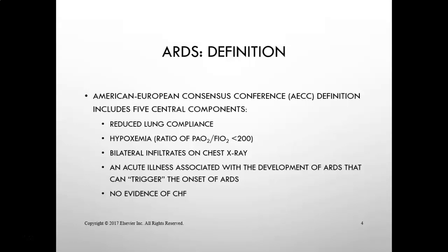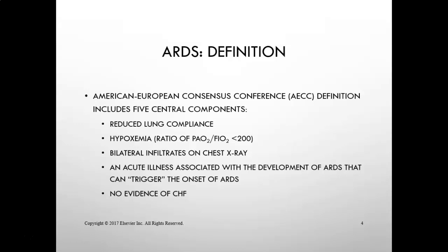And by the American European Consensus, you have ARDS, along with the bilateral infiltrates on the chest x-ray. And you had to have some type of acute illness, a trigger for this ARDS.